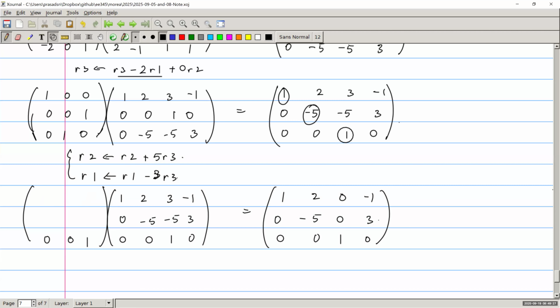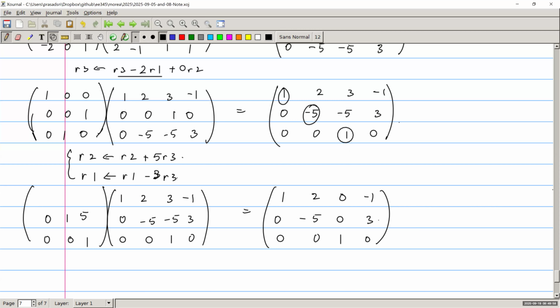So now I want to do row 2 is row 2 plus 5 times row 3. The new row 2 is row 2 plus 5 times row 3, so this is the linear combination that we'll write in the second row. So what is that? 0, 1, 5. And in the top row, what do we write? This linear combination is row 1 of the product.